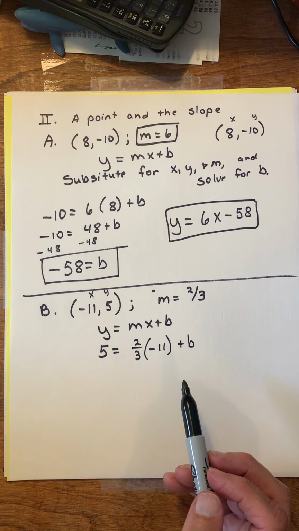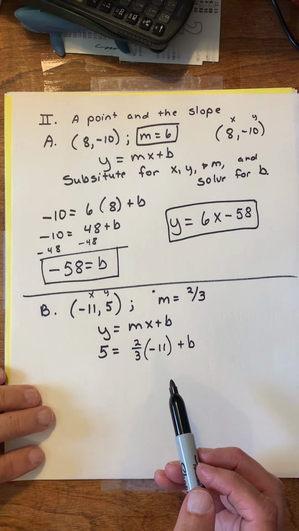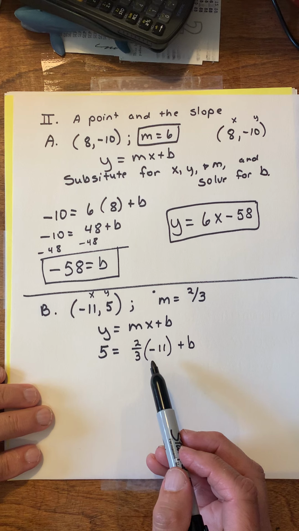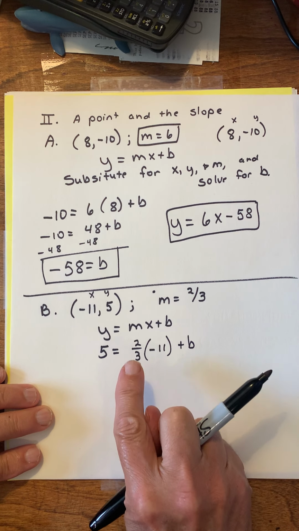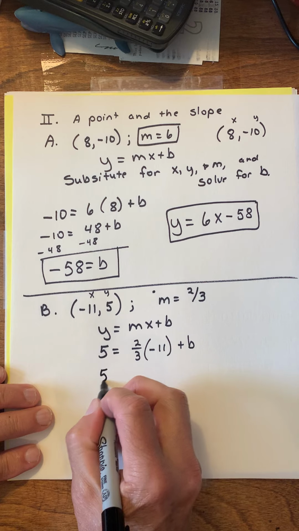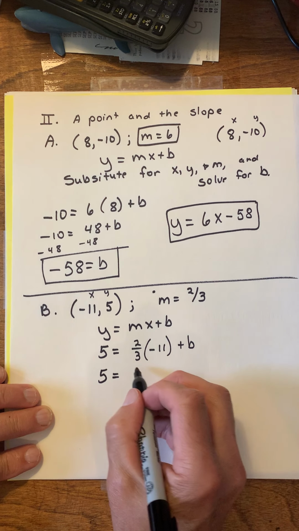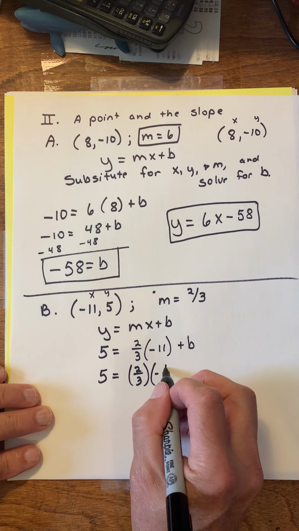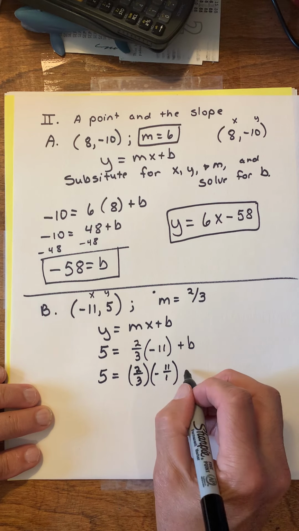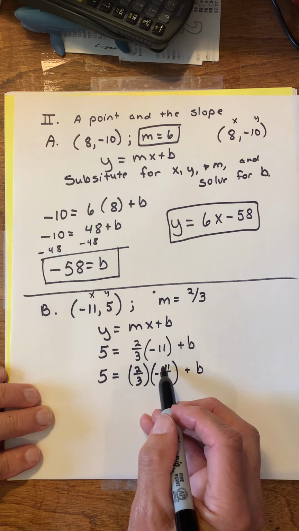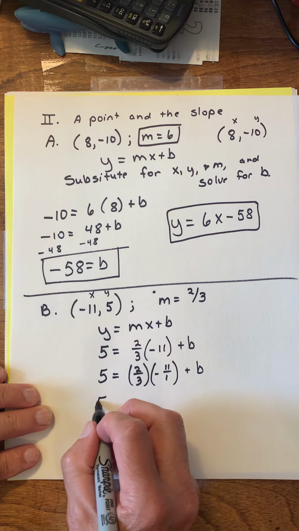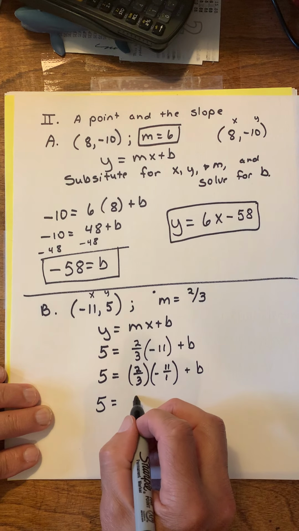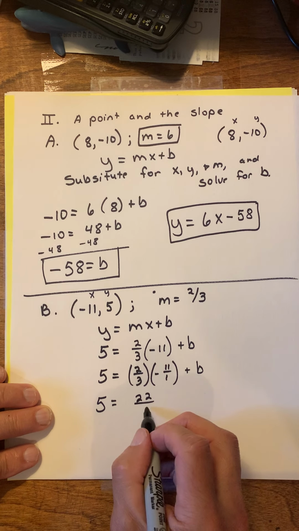And here's where I have to remember some of my common arithmetic concepts, like multiplying a fraction by a whole number. If I make that whole number over 1, it becomes easier to think about multiplying because I simply multiply the numerators and the denominators. 2 times 11 is 22. 3 times 1 is 3.